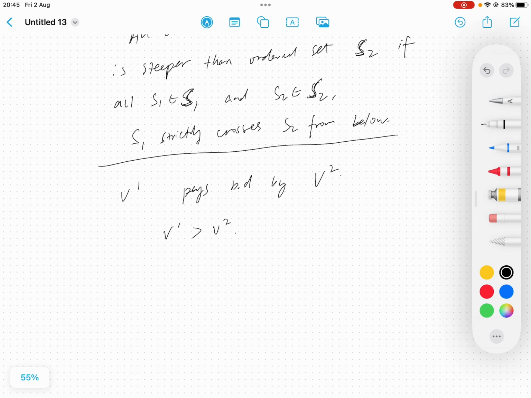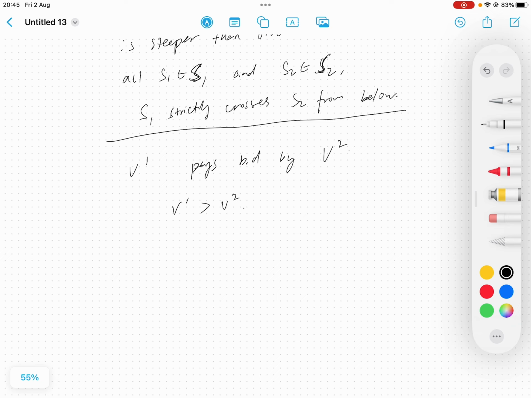So the winner pays ES of SV2 and V1. That's exactly what we mentioned in the example, right? So V1 has their type, but pays something that V2 bids, right?